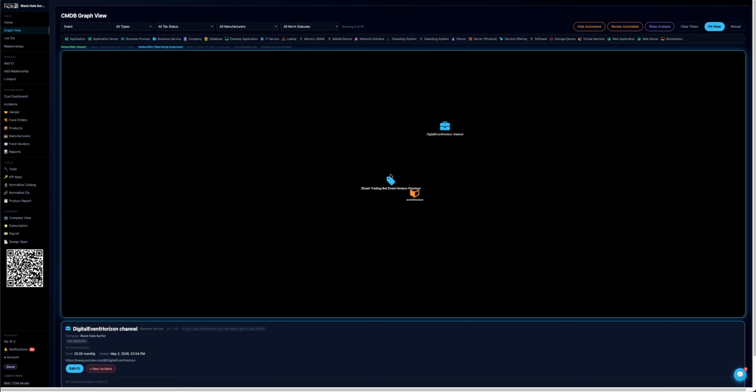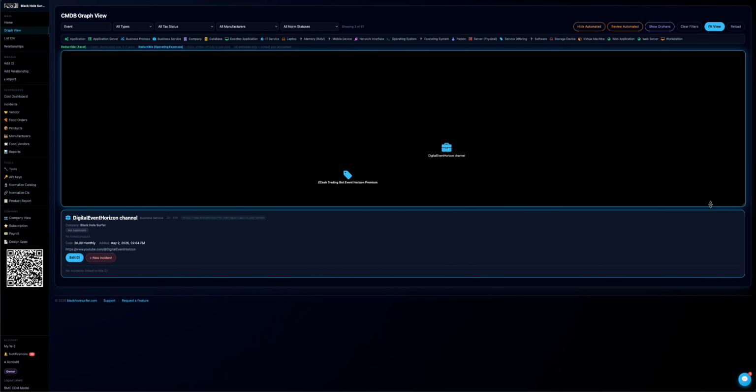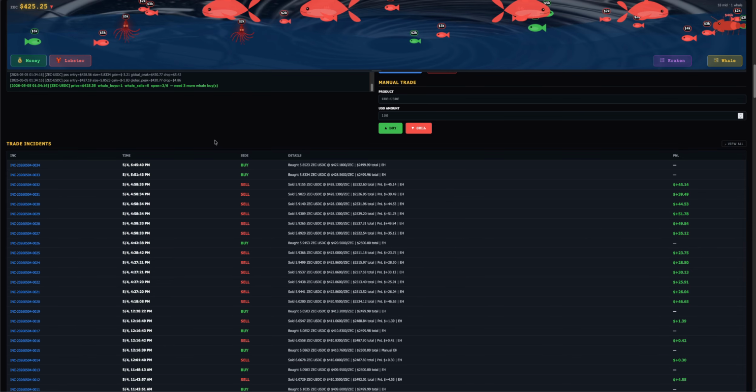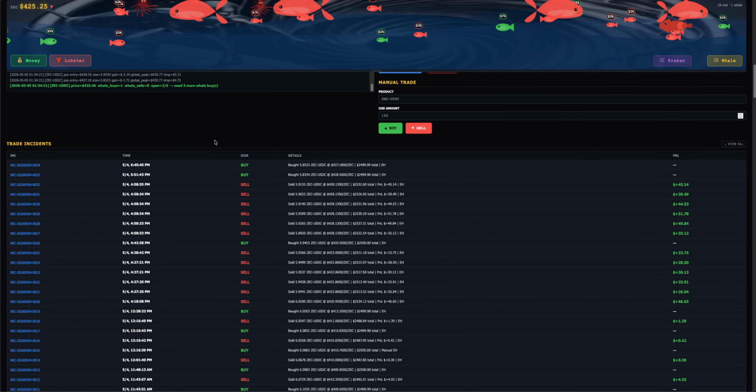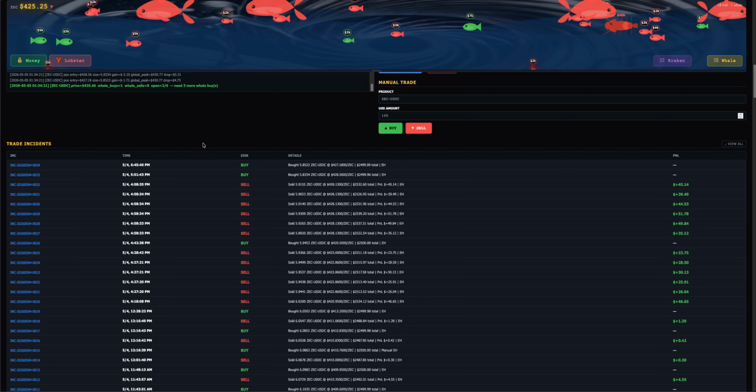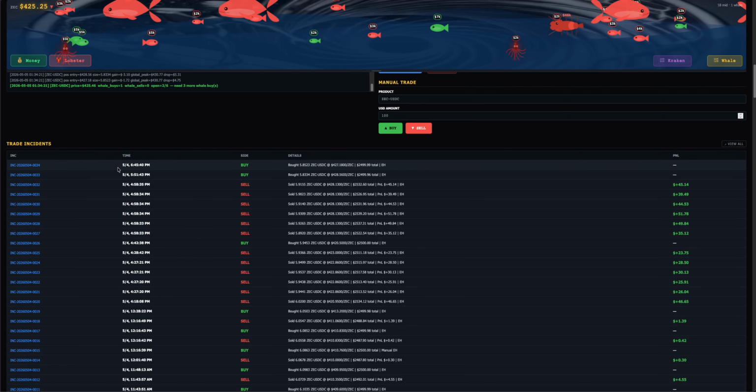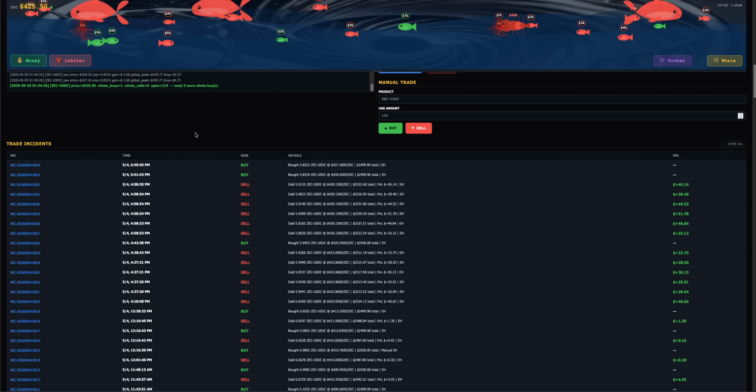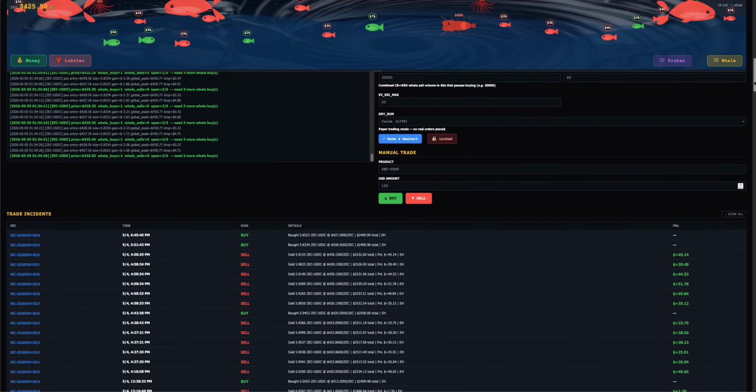So this trading bot right here is the one getting the tickets. So we have no tickets, and that's correct because there are no new tickets for this particular trading bot. So we only have these two buys just a couple hours ago, and right now it's just watching the bottom.